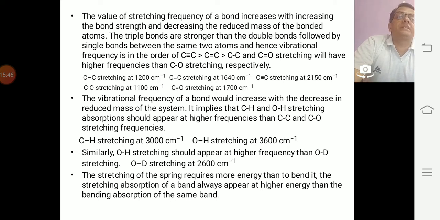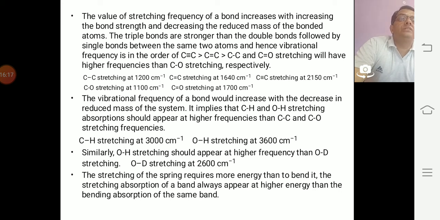The vibrational frequency of a bond increases with a decrease in the reduced mass of the system. It implies that CH and OH stretching absorptions should appear at higher frequency than CC and CO stretching. CH stretching is at 3000 per centimeter, and OH stretching is around 3600 per centimeter.